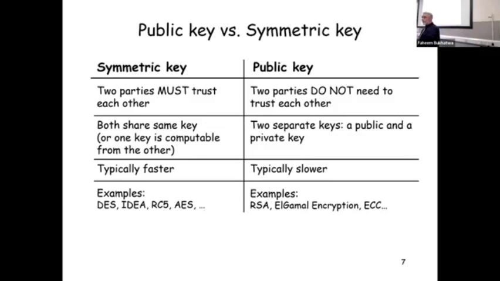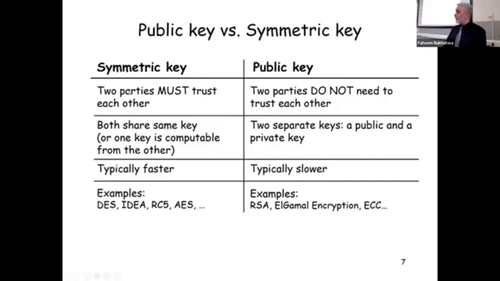So they're not the same keys used on both sides. That's why they call it asymmetric, as opposed to the symmetric key system, which is the conventional system, which uses the same key by the sender and the receiver, or the person who encrypts and the person who decrypts. So what's the difference between them?